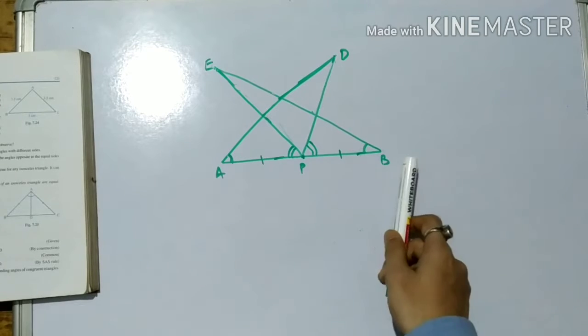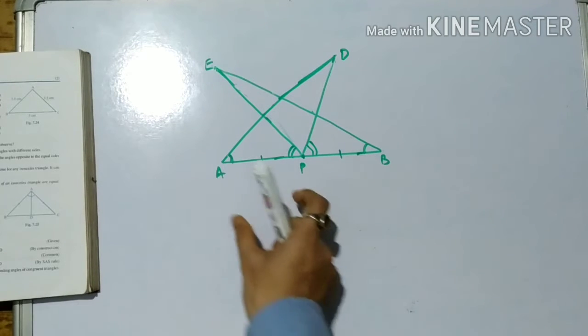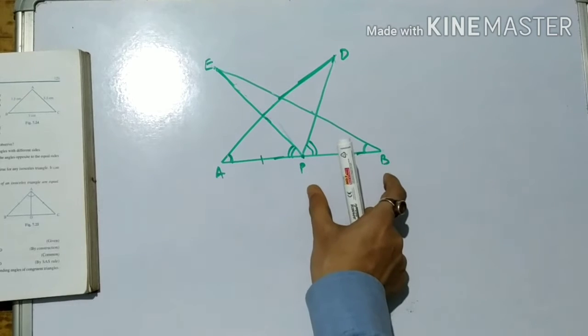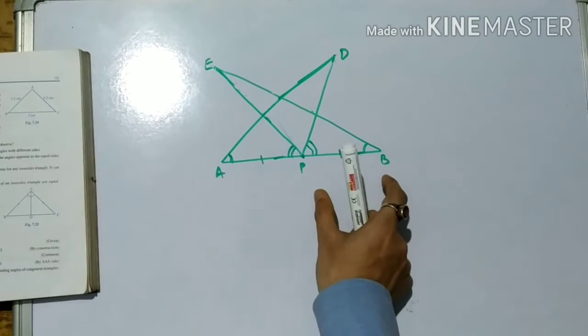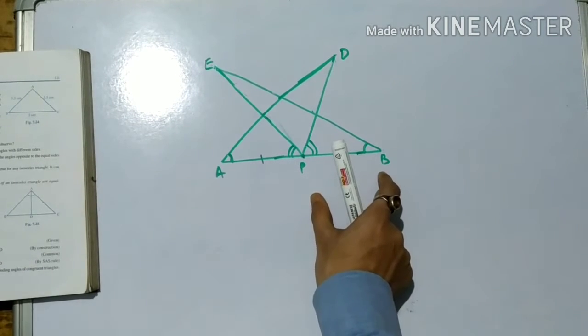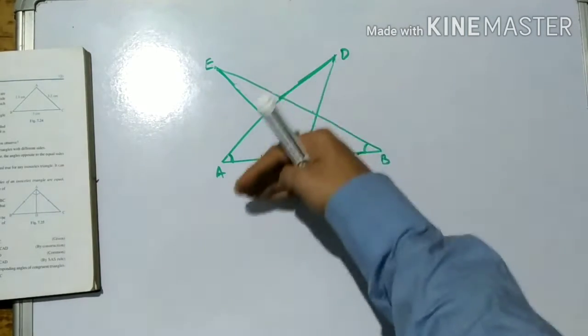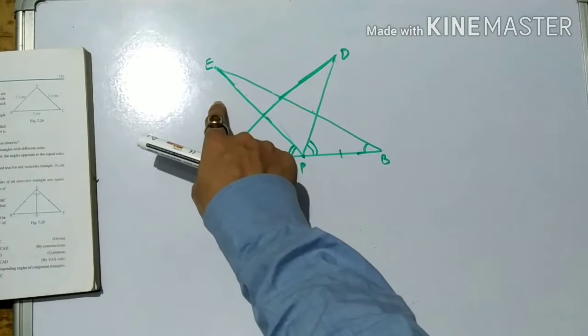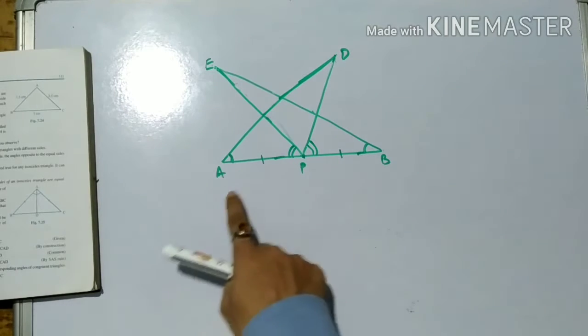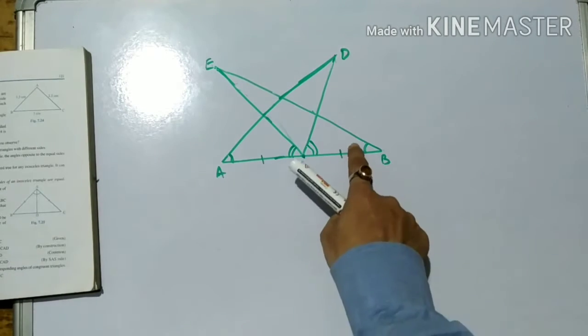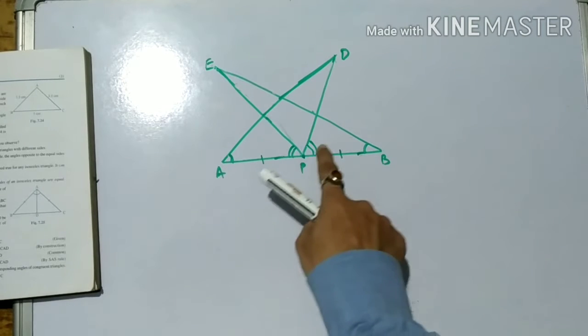AB is a line segment and P is the midpoint, that means this side will be equal to this side. And D and E are points on the same side of AB, such that this angle is equal to this angle and this angle is equal to this angle.